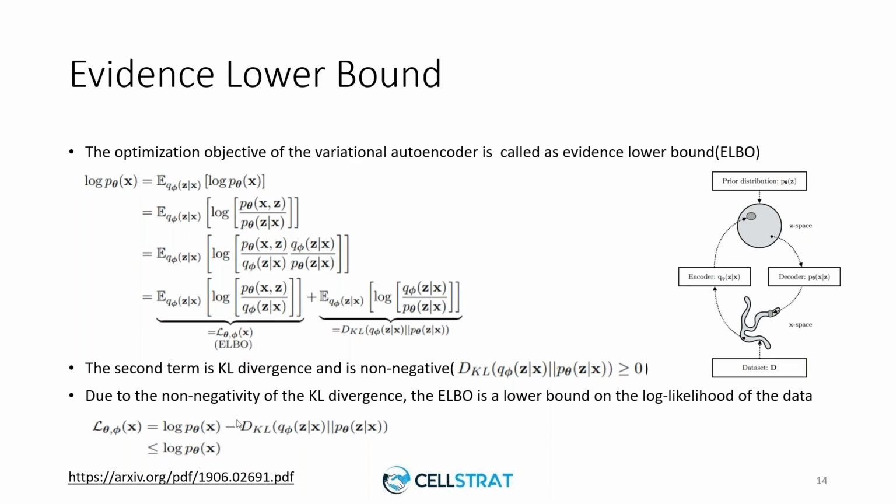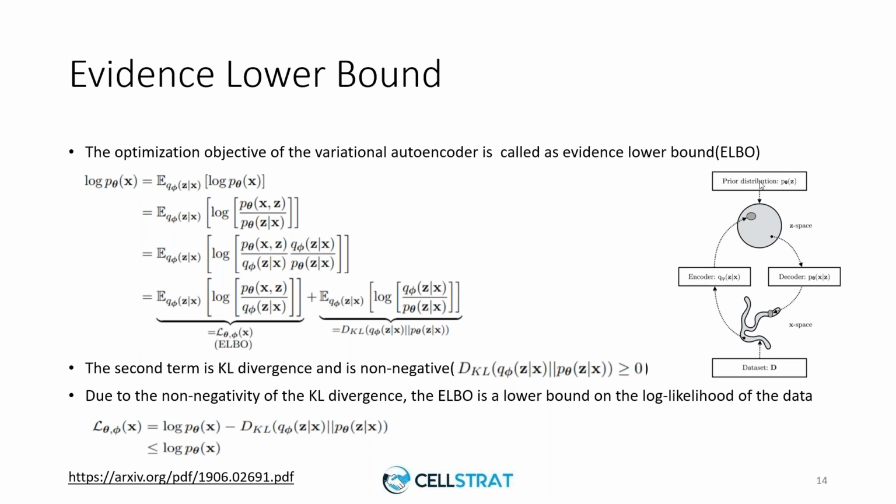The significance is that if the KL divergence is increasing, that will reduce my evidence lower bound, and if the KL divergence is reducing, that will increase my evidence lower bound. So the evidence lower bound and KL divergence are inversely proportional to each other. Whatever be the case, the evidence lower bound will be less than or equal to our log likelihood.